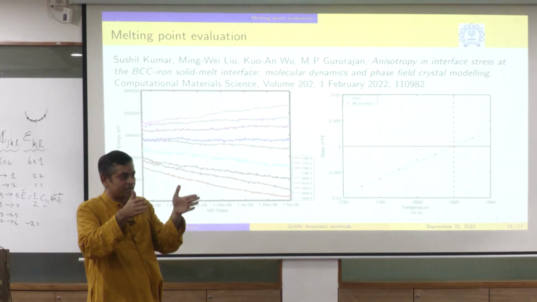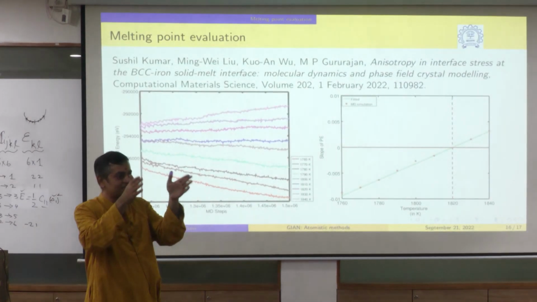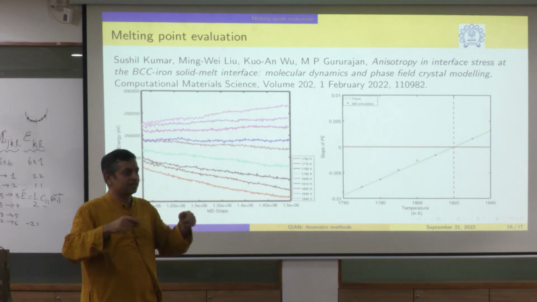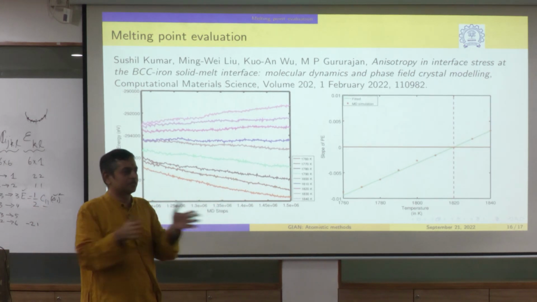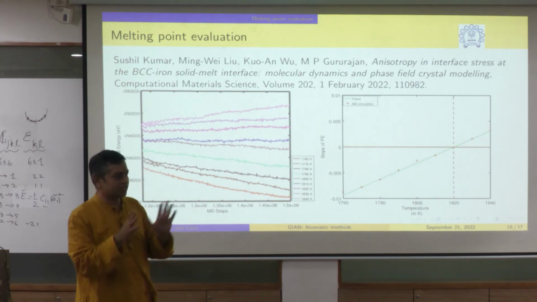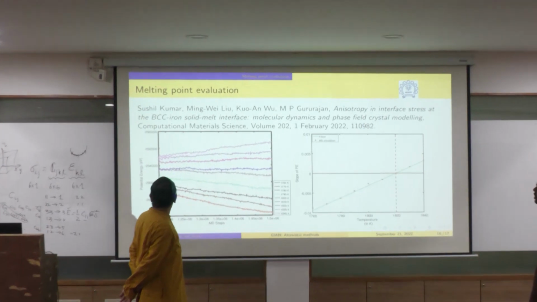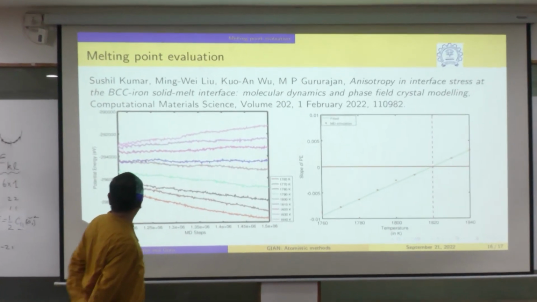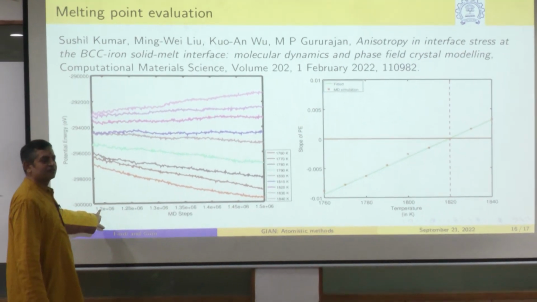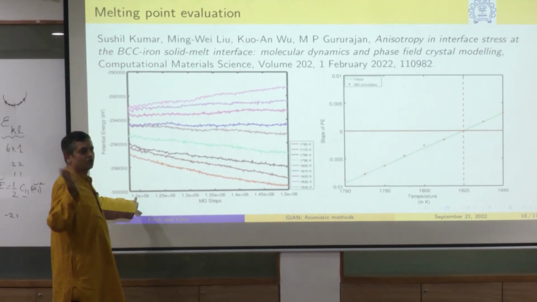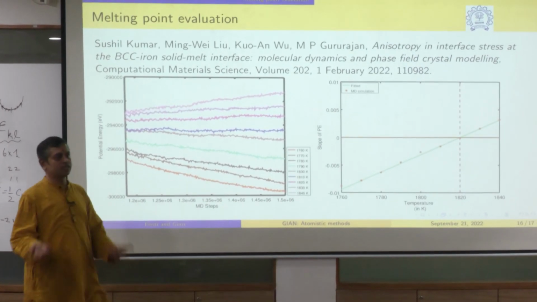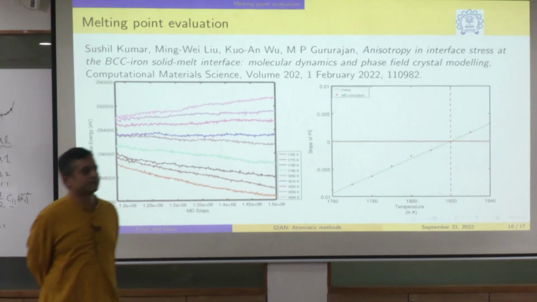To keep a stable solid-melt interface and a large enough system that small movements here and there do not completely freeze or completely melt, you have to do a little bit of trial and error. This is equilibrated, you can see the number of MD steps is given, probably 150, and the time step is 0.001 in metal units. That much time you have to equilibrate before you can take data.